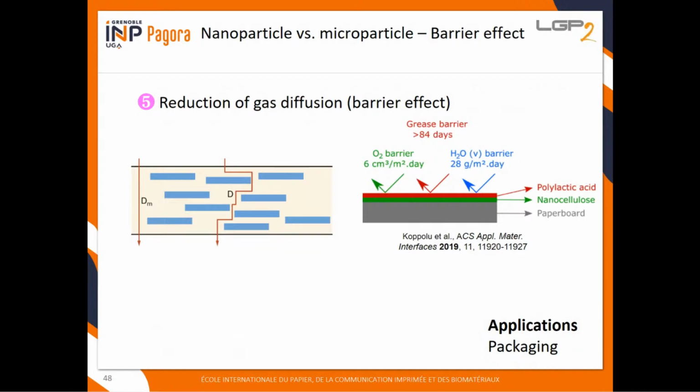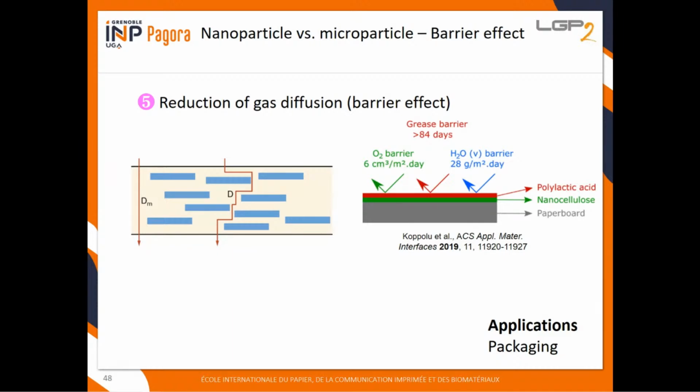So reduction of gas diffusion or barrier effect. In fact, these nanoparticles can be dispersed in a polymeric matrix, and it creates a tortuous path for gas molecules, meaning that the diffusion is more difficult.